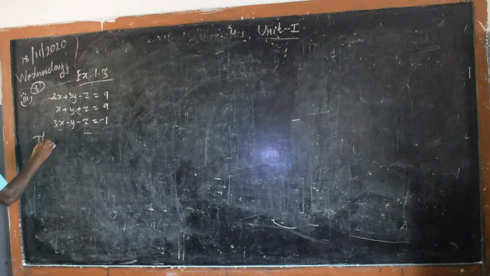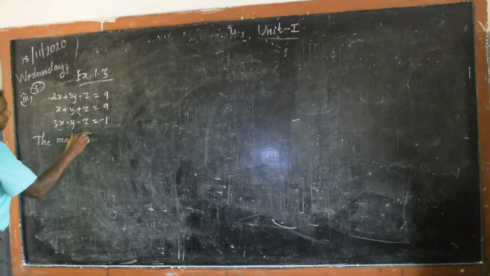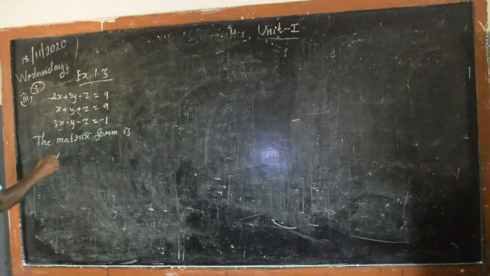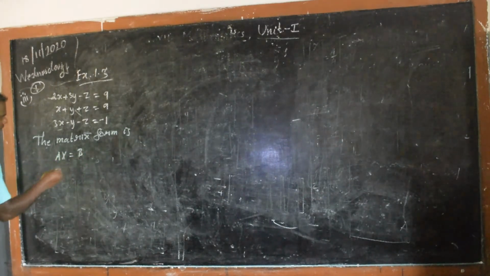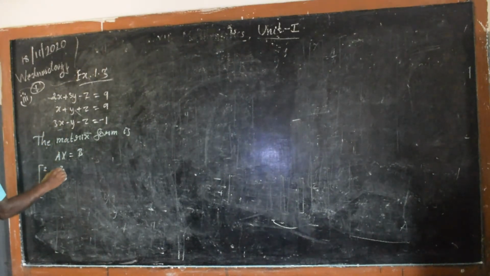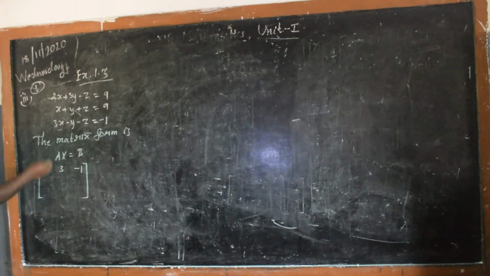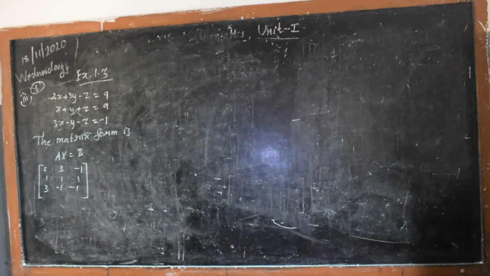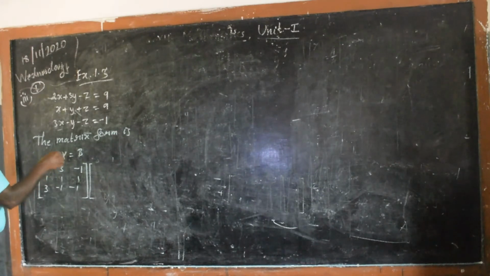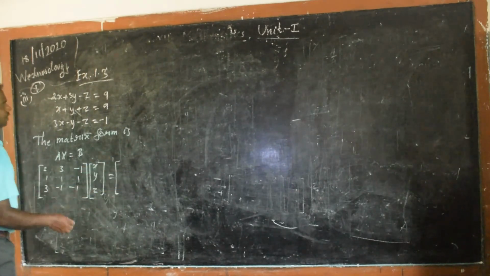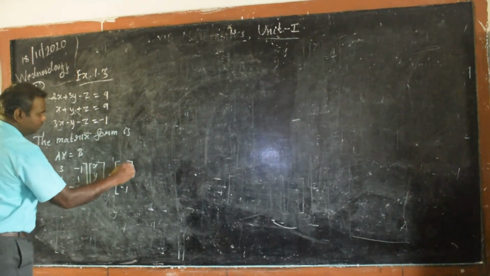The matrix form is capital A into capital X equal to capital B. The first row is 2, 3, minus 1; the second row is 1, 1, 1; the last row is 3, minus 1, minus 1, into the number of unknowns, 3 unknowns, small x, small y and small z, equal to capital B, which is 9, 9, minus 1.